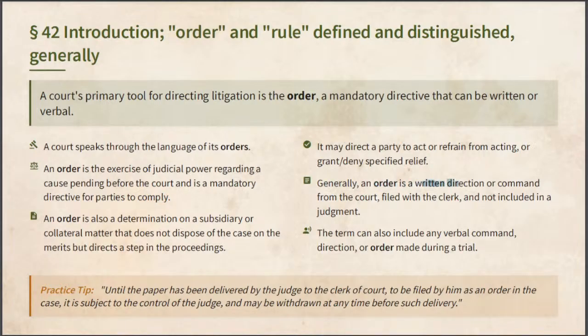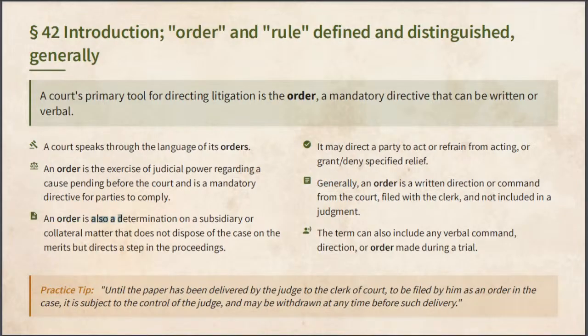Generally, an order is a written direction or command from the court, filed with the clerk, and not included in a judgment. So the order is not included with a judgment, but it is filed with the clerk. Generally means it's a presumption and it can be defeated. There are exceptions.